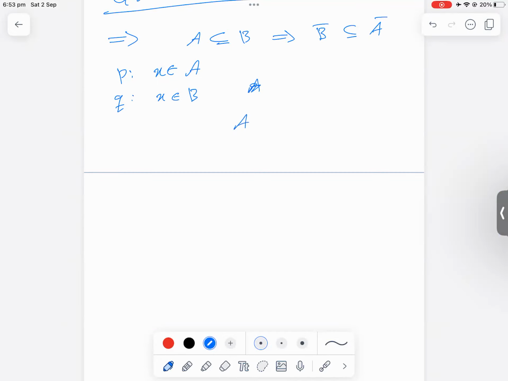So let's write here, A subset of B is equivalent to say that if X belongs to A, it implies X belongs to B. That is the meaning of A subset of B. If we take any arbitrary element from A, which is a subset of the set B, it means that element also belongs to set B. So X belongs to A, which is P, implies X belongs to B, which is Q. So we got P to Q.